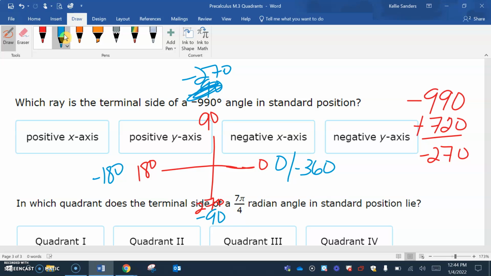Okay, so they flip-flop. So negative 270 is the same thing as a positive 90, and positive 90 is a positive y.